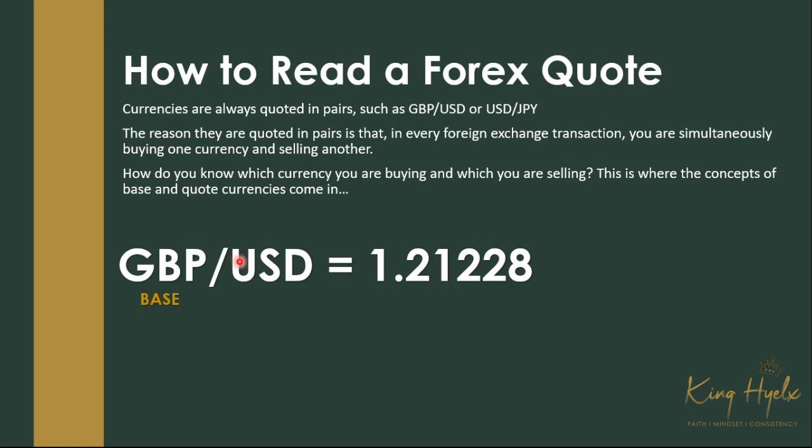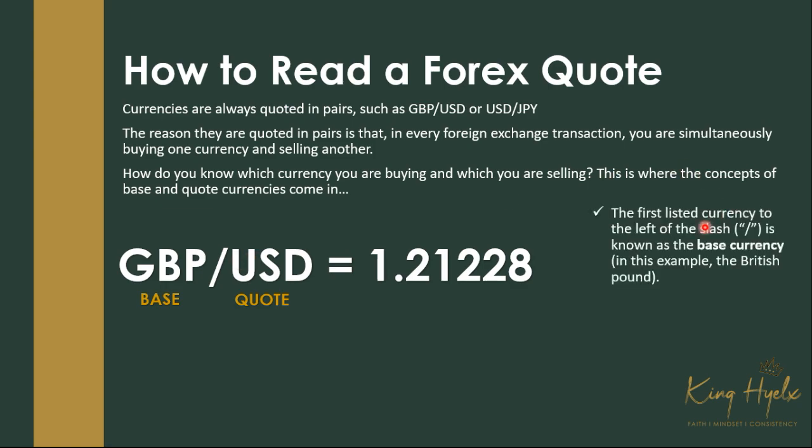Okay, so let me introduce the concept of base and quote currency, right? The first listed currency to the left of the slash, sometimes you see this slash, sometimes you wouldn't, sometimes you just see GBP USD. So the first currency is known as the base currency. In this example it is the British pound, that's GBP.